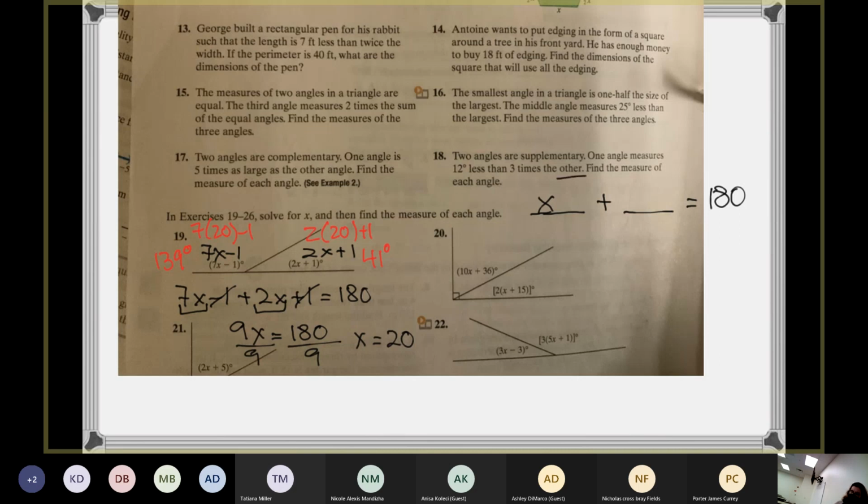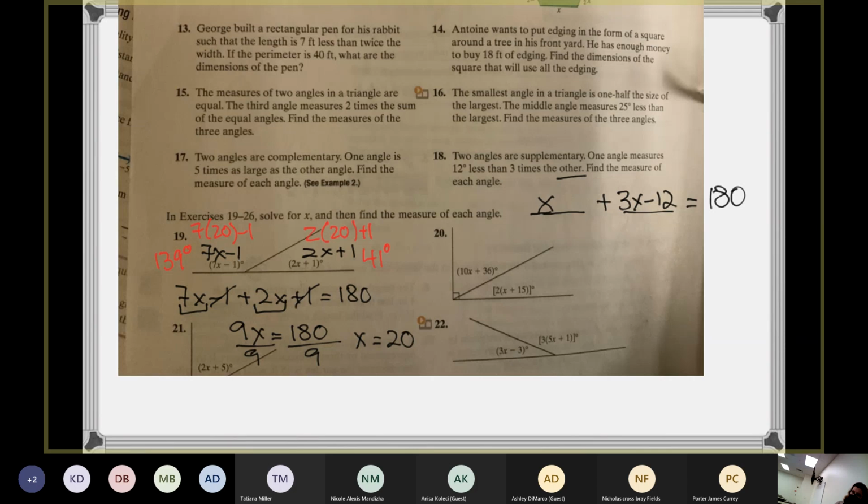How do I represent that? 12 less than 3 times the other: 3x minus 12. You got it. Yes, Nick, that would be the representation for the second angle. So the first angle is x, and the other angle is 3x minus 12.